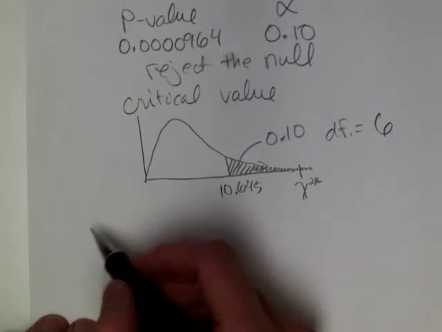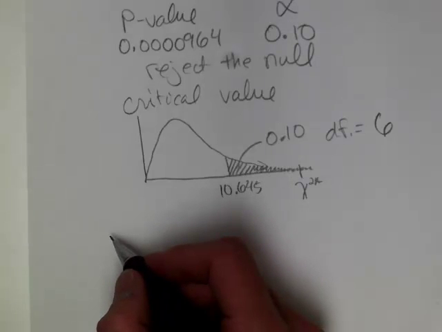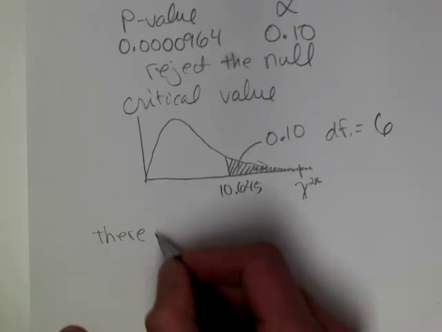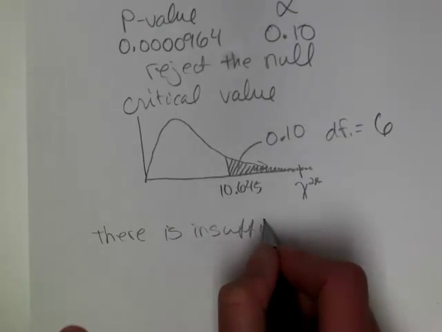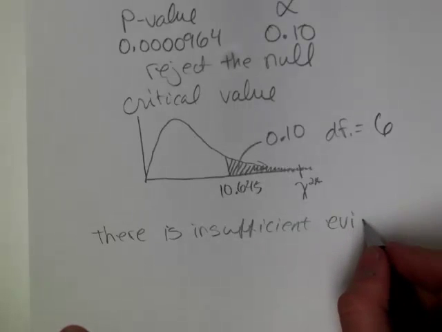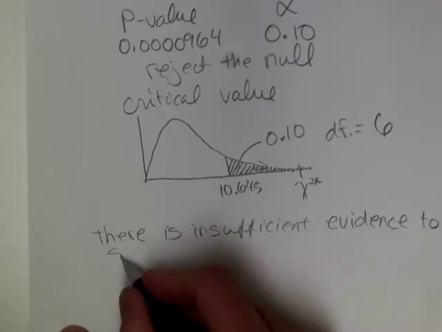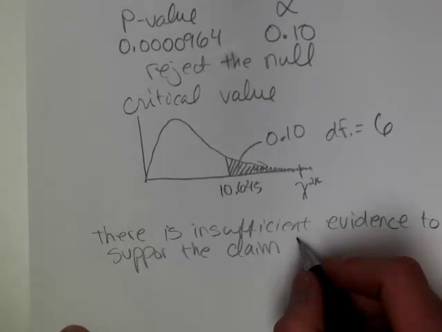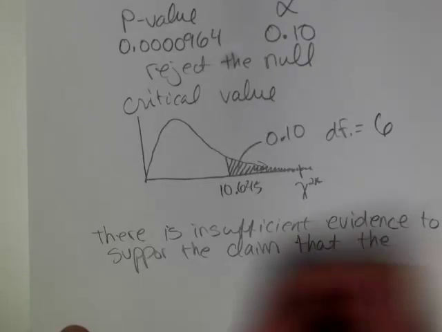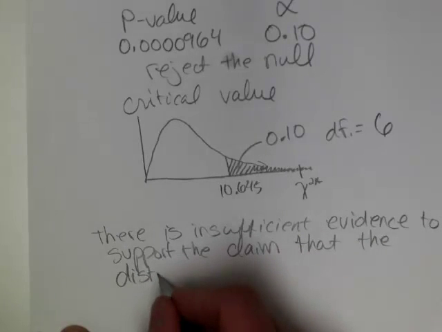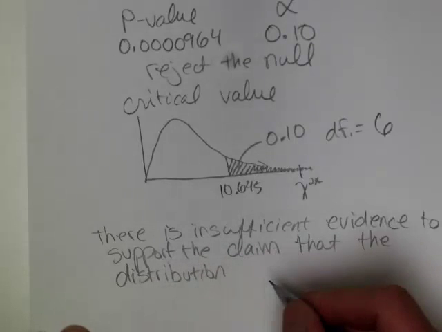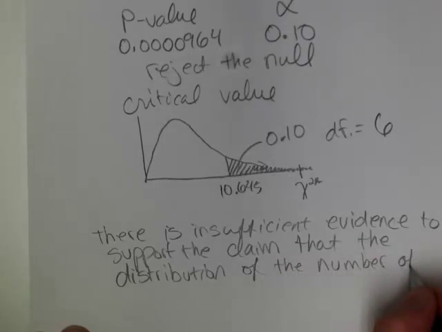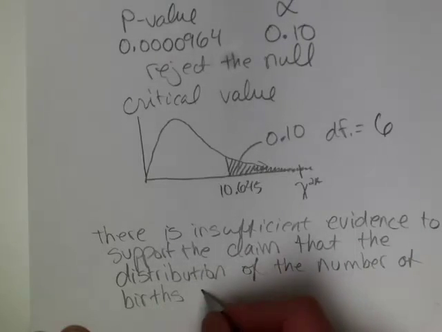The decision is to reject the null, and the conclusion would be that there is sufficient evidence to reject the claim that the distribution of the number of births is uniform.